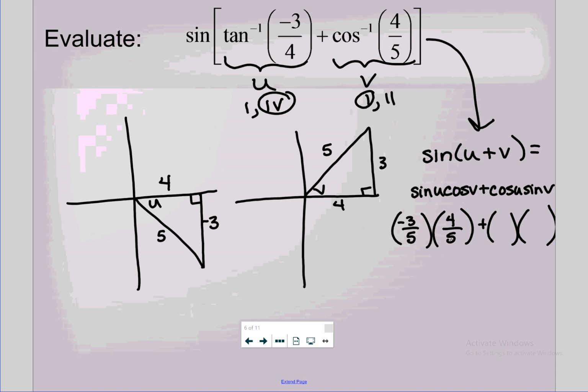Yep. Cosine of u. Four over 5. Sine of v. Three over 5. So I have -12/25 plus 12/25. My answer is 0.